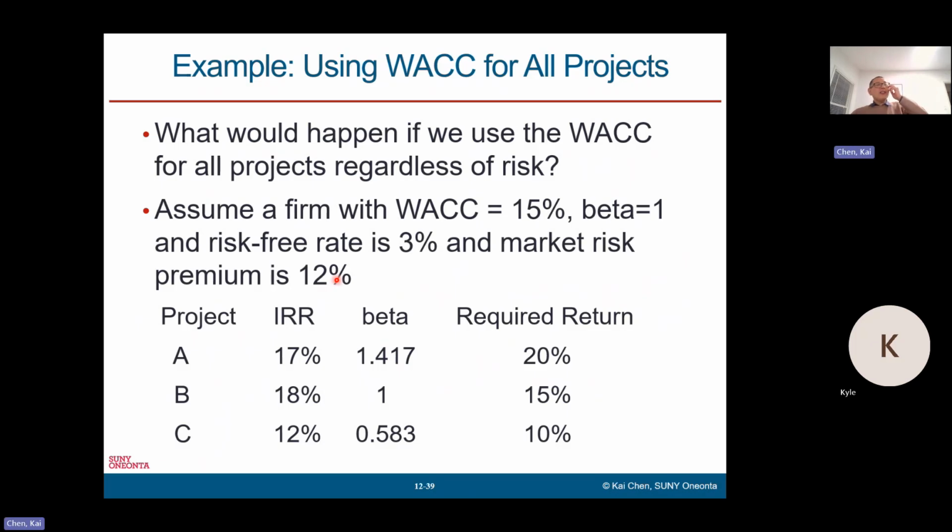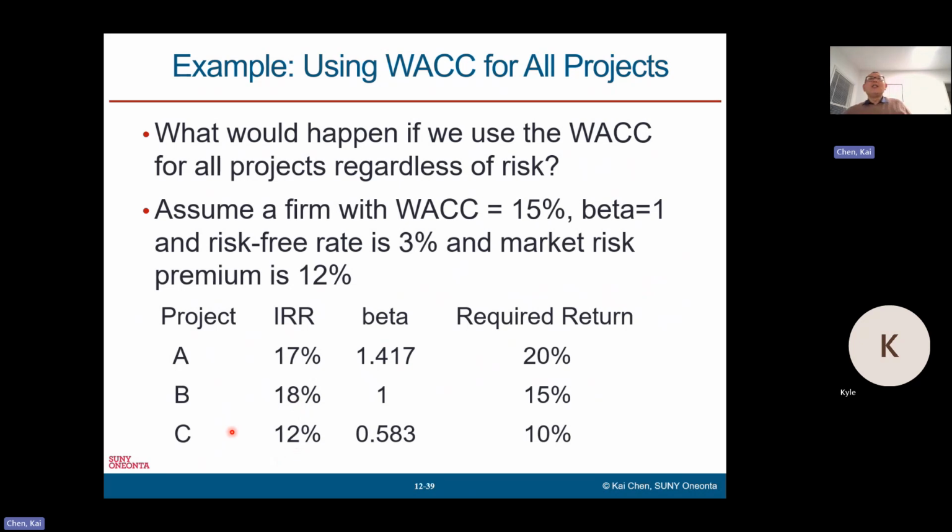Now the firm has 3 proposed projects A, B, C. We have estimated these 3 projects' IRR. This column shows their IRR. For project A, IRR is 17%. For project B it is 18%, and project C is 12%.